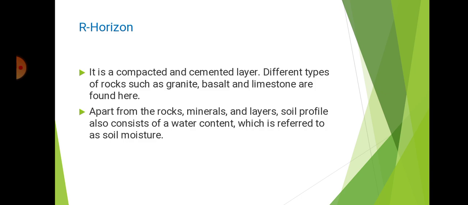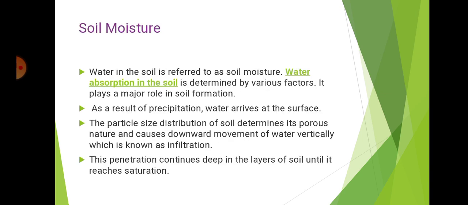Apart from the rocks, minerals and layers, the soil profile also consists of water content, which is referred to as soil moisture. Then if you see the soil moisture, the water in the soil is referred to as soil moisture.